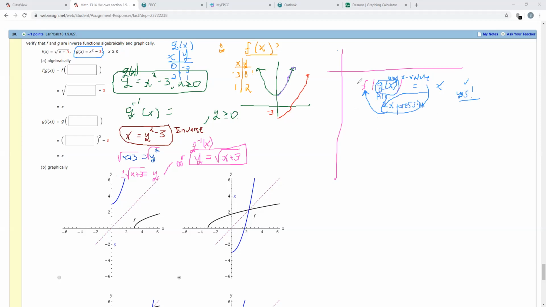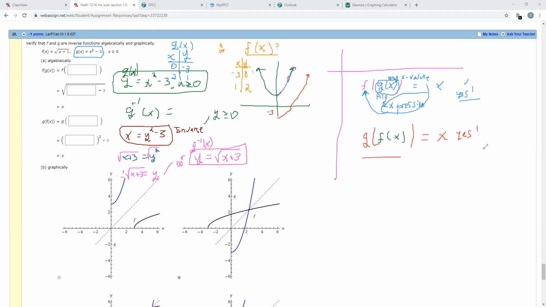And then you'd also have to do it the other way around. Say you have f of x, you put that into the other function, g, and if we get x again, then that's a yes.